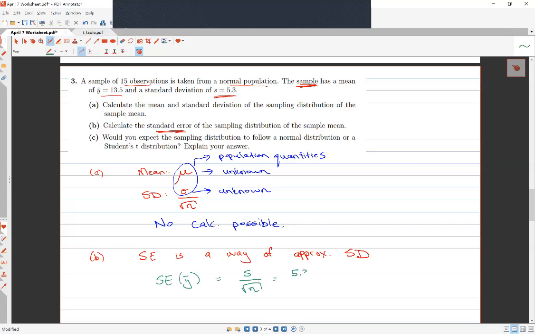So in this case, 5.3, and our sample size is 15. So 5.3 divided by the square root of 15, which is 3.873.